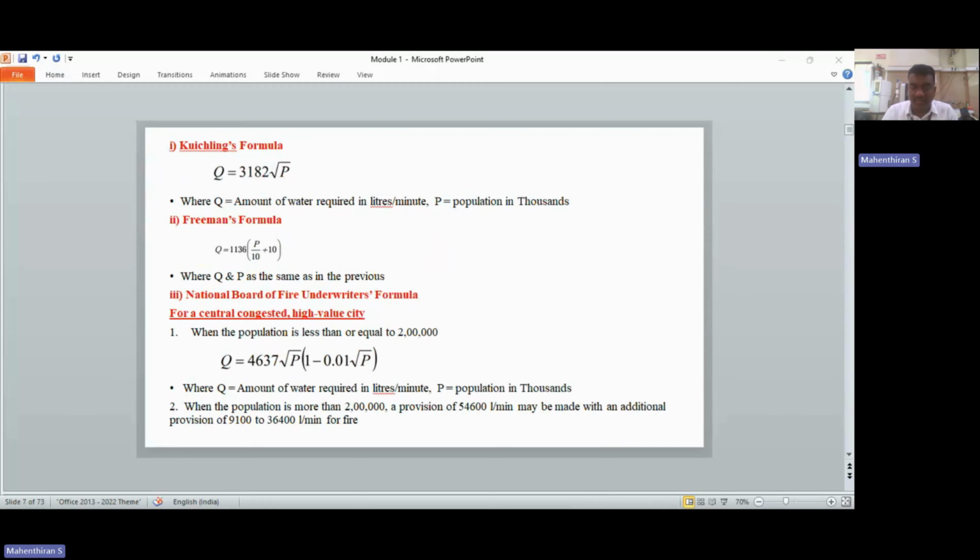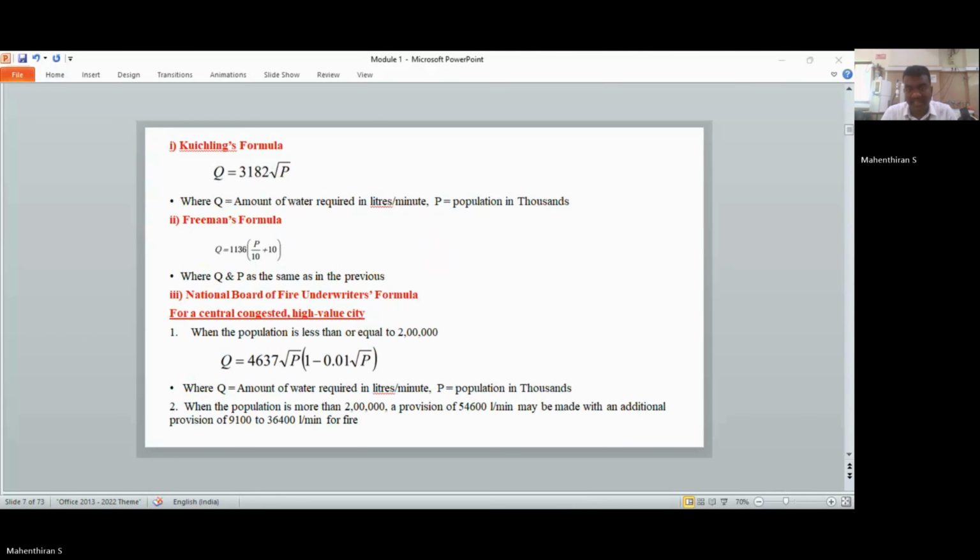Now, let us come to the second case. For cities with population greater than 2 lakh, a base provision of 54,600 liters per minute is made.